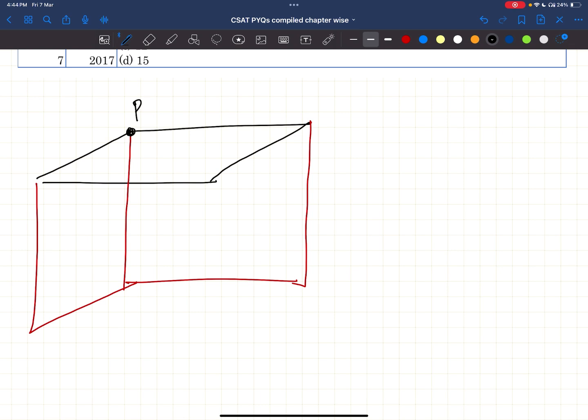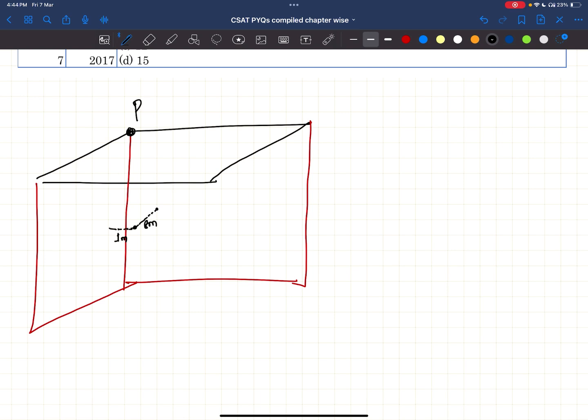Now, what is it telling? There is a fly which is, let this be the fly, 1 meter away from this wall and 8 meters from this wall. This is 8 meters.